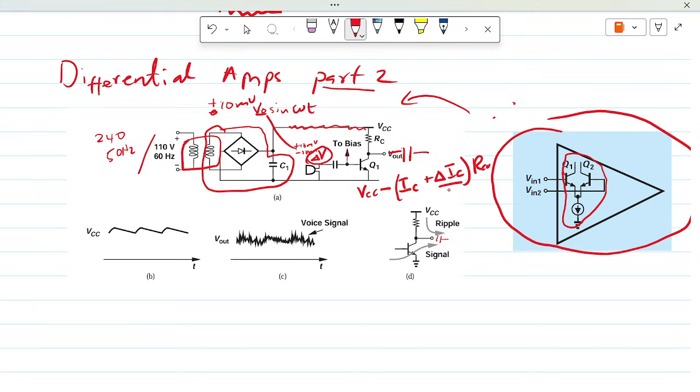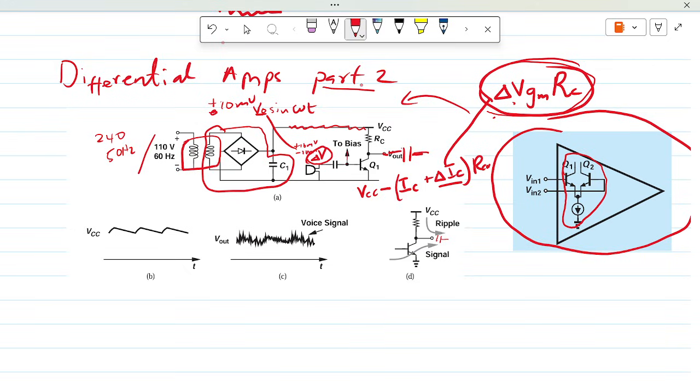These small changes in current can be given as the change in voltage times the transconductance of the device. Multiply by RC, and this is going to be the output signal, which will be changing with respect to time. Placing a capacitor here will filter out the DC and pass this output signal, or any signal changing with respect to time.